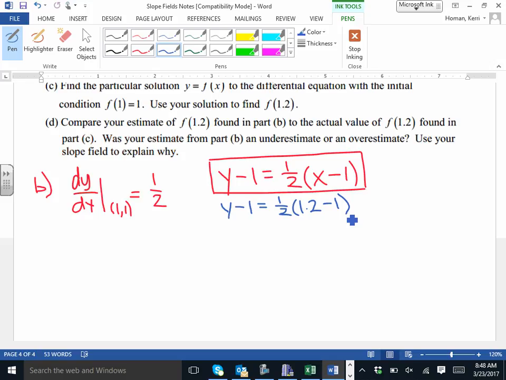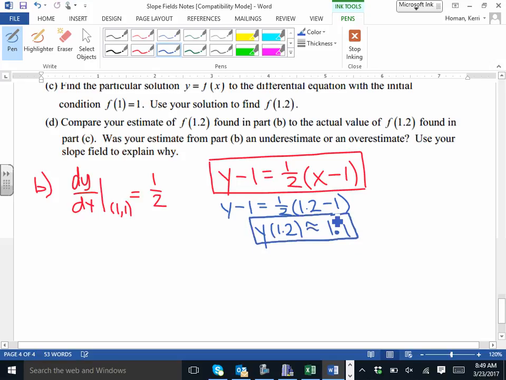And then so we have y minus 1 equals 0.1. So we get approximately 1.1. Okay. Because we're using the tangent line to approximate it, it's not on the actual curve.